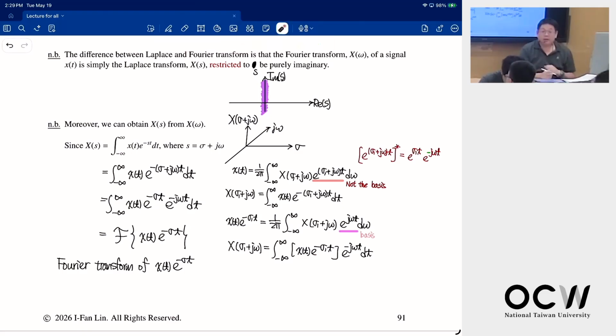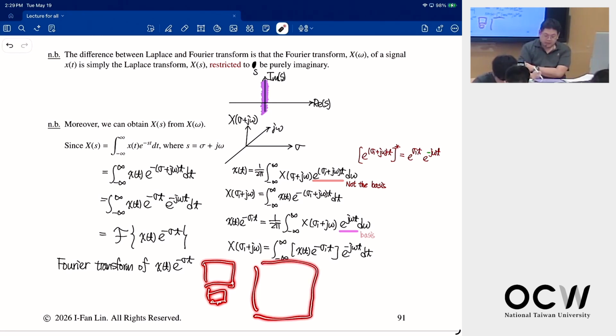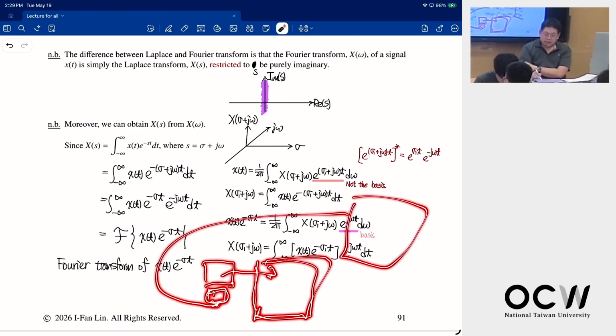Now, so far, first we learned the Fourier series, continuous time and discrete time. Now we extend to our main part, the continuous time Fourier transform. For the discrete time Fourier series, we can extend it to the discrete time Fourier transform.